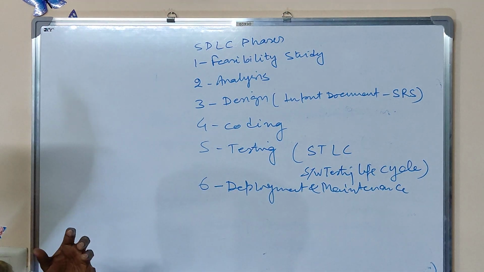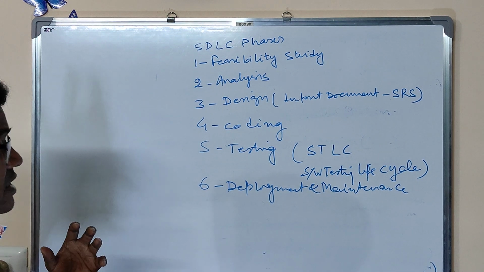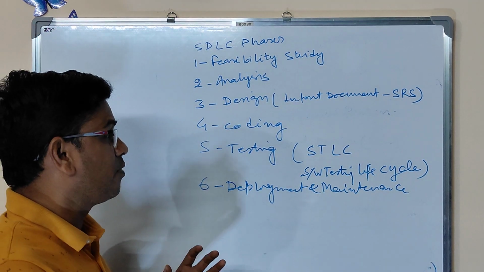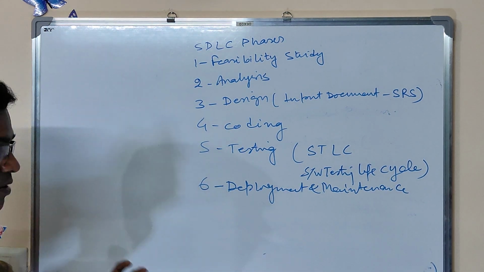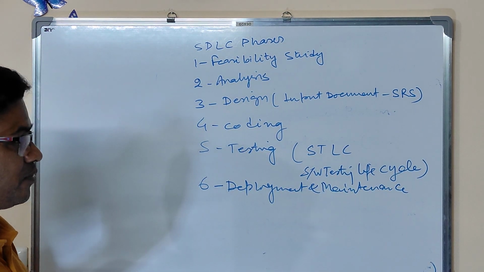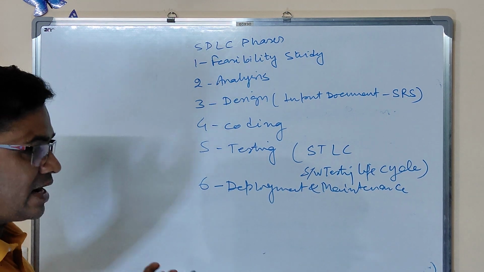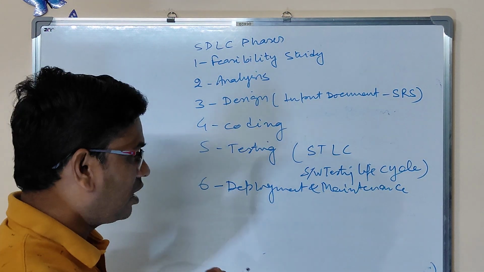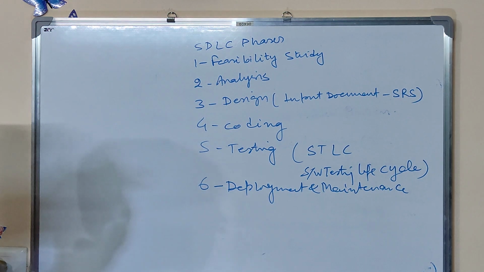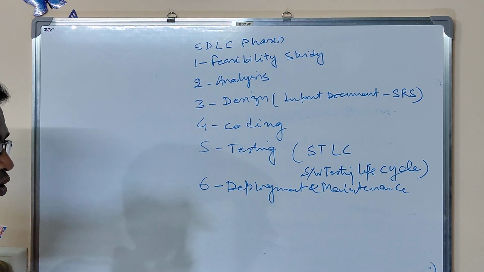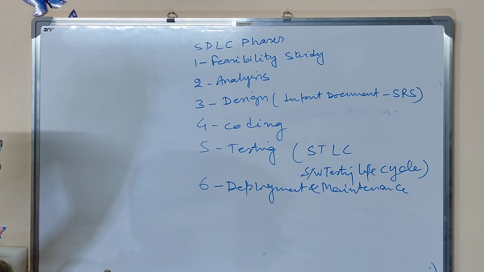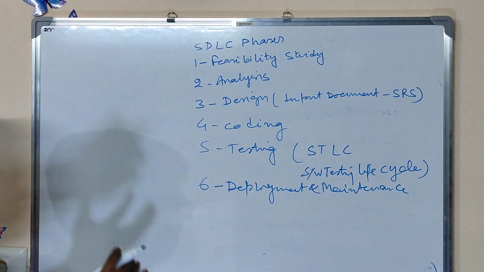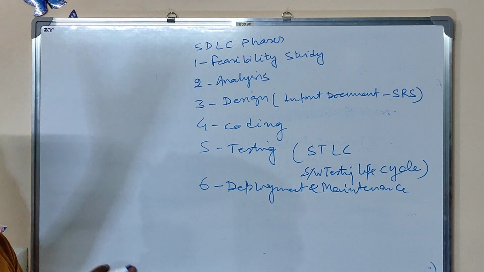So after deployment, maintenance is also one of the most important activities that should happen. Maintenance is something by which we provide the capability to the application to adopt new features and also to fix some bugs reported by the end users.